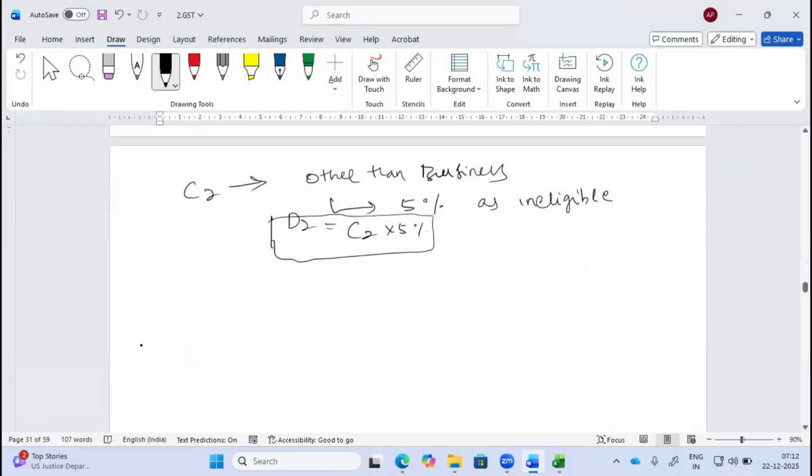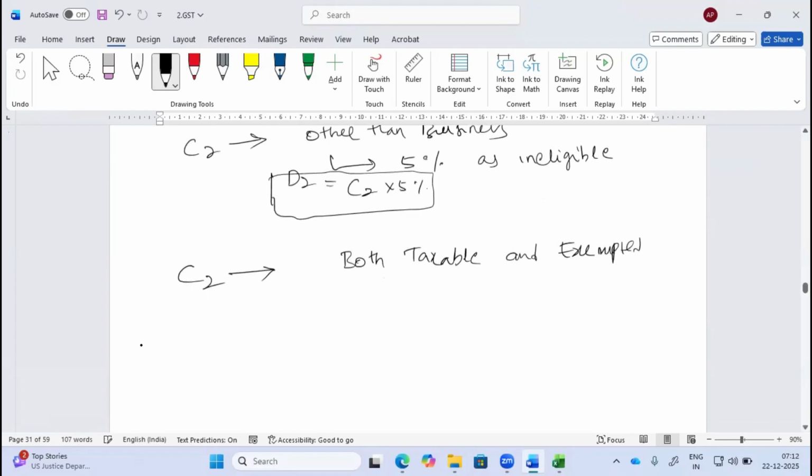Now, other than this business, suppose C2 is used for both taxable and exempted. So they say that this you will identify like this. D1 is equal to E divided by F into C2. This is what they have mentioned.